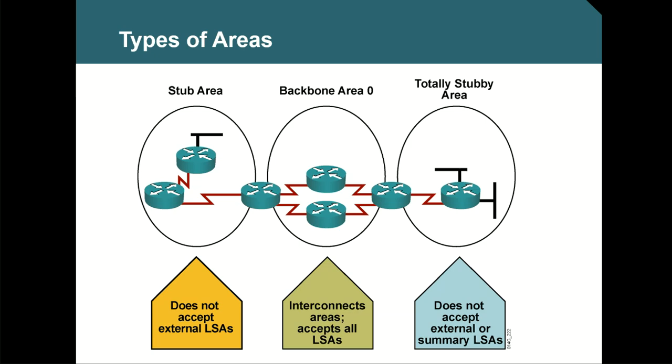So stub can reduce the routing table by stopping the external routes coming in. Now when you configure totally stub, your routing table in that area will be much smaller because the other area routes along with external routes will be stopped by the ABR.